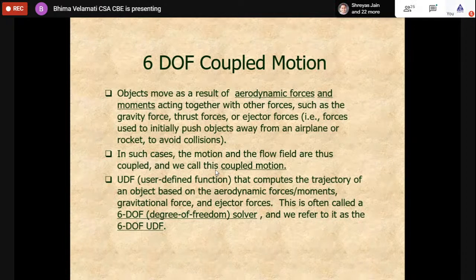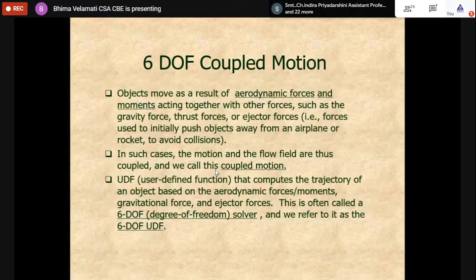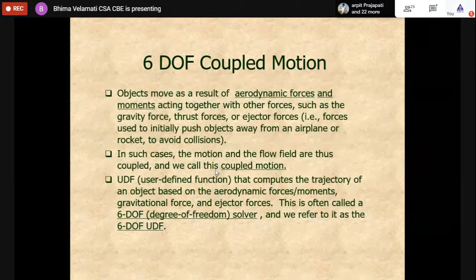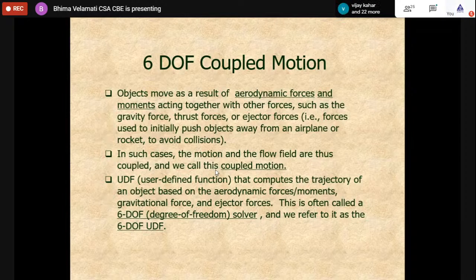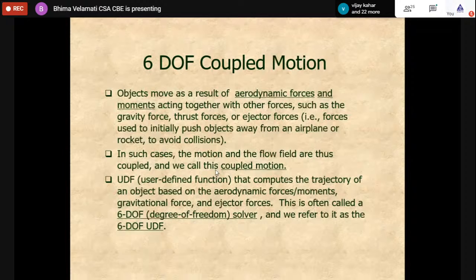That is where you use vortex induced vibration, or if I have a turbine, and I just give you the flow, the turbine should start moving. The starting part of the turbine motion, or if you have a strong wind, you naturally see that most of the trees would bend, or any structure that is flexible would bend.